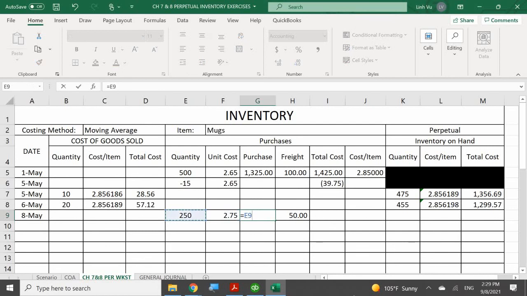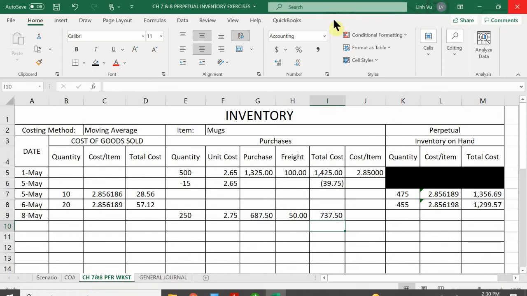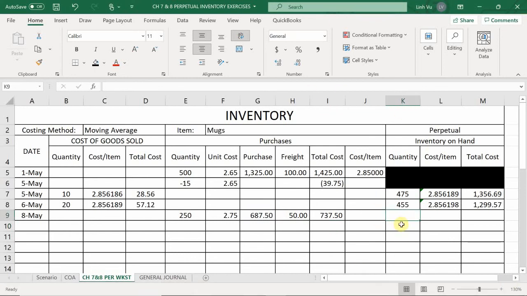So in this case, what was my total purchase price? $687.50 plus 50 gives you $737.50. So here we need to update our inventory because we made a purchase of inventory. Therefore we need to increase our values here.